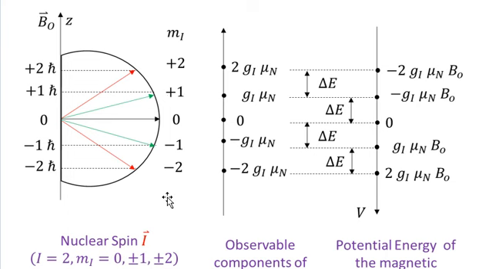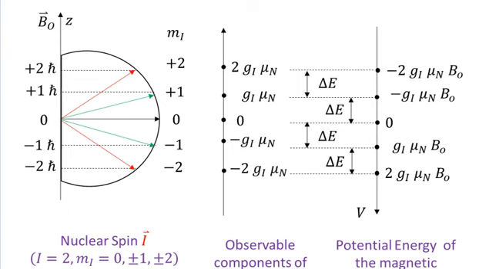These are the Mi values, and the projection on the z direction is plus 2 h bar when Mi is equal to plus 2. When Mi is equal to plus 1, then it is plus 1 h bar. When Mi is equal to 0, then it is 0 times h bar. When Mi is equal to minus 1, then it is minus 1 h bar. When Mi is equal to minus 2, then it is minus 2 h bar.